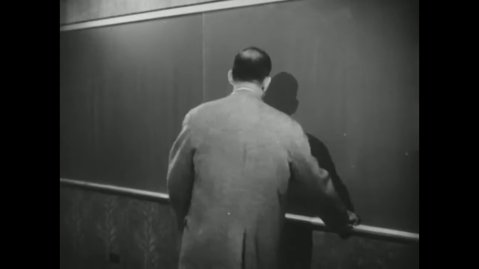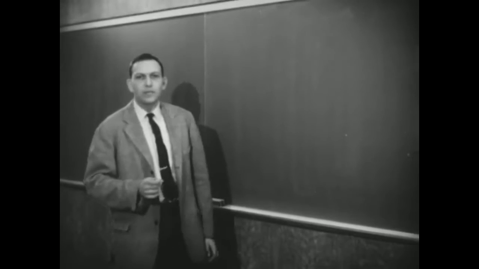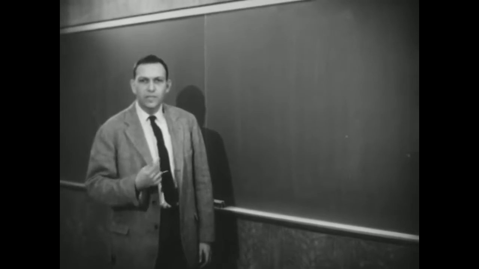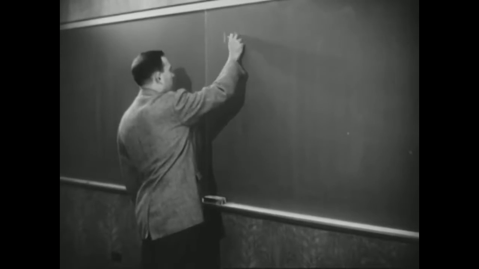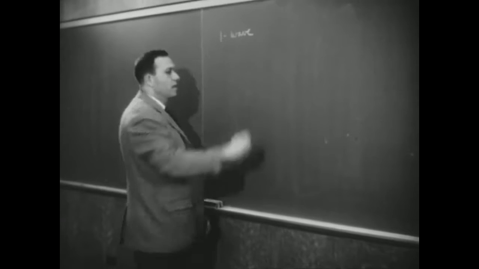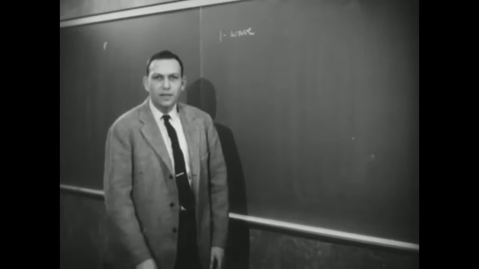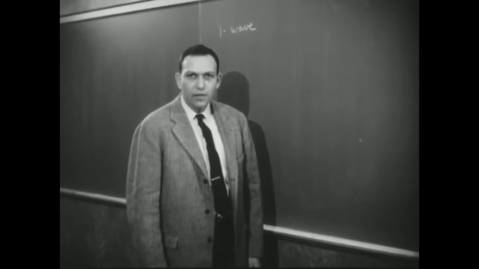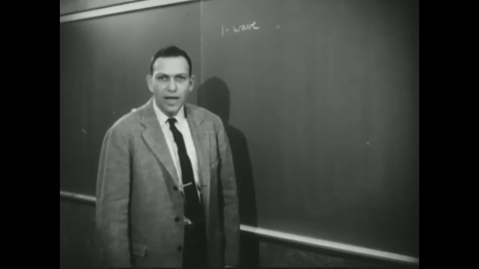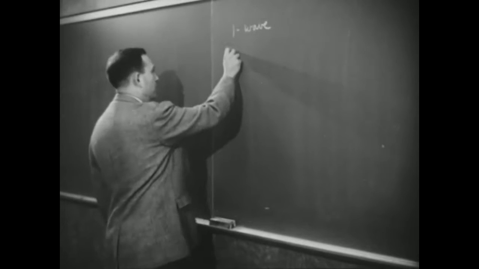Now, what are these properties? First, the transmission from sender to receiver goes as a wave. This means we expect to find familiar wave properties. Secondly, the waves always arise from accelerated charges.